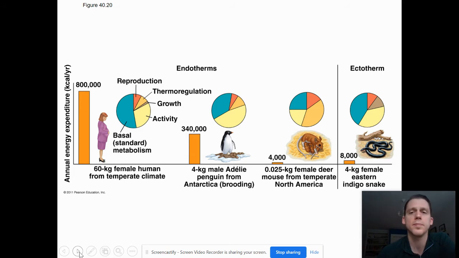Even amongst the different endotherms, the energy budget can be very different. Here we have a small mouse that's devoting a lot to thermoregulation because they're losing heat very quickly. So we've got a lot of different strategies here. A snake is not going to have any energy in its budget for thermoregulation because it's not going to thermoregulate, but it has more for growth, activity, reproduction, and metabolism.